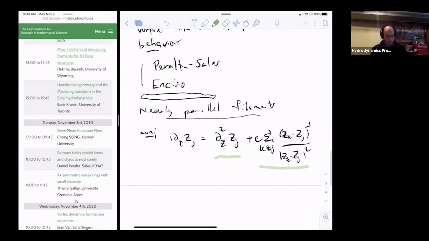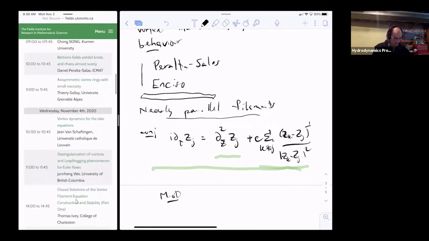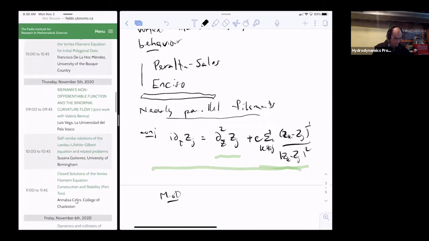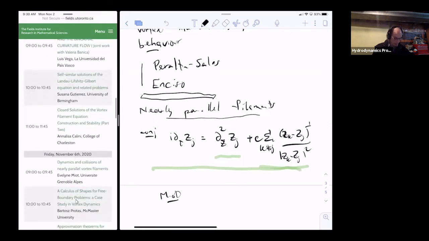But there are questions, and so this was derived in part because people wanted to look at this reduced system and see the approach to vortex collision in this setting. But this system too is of interest, and so there'll be a talk of Evelyn Mio, Friday morning, 9 o'clock.